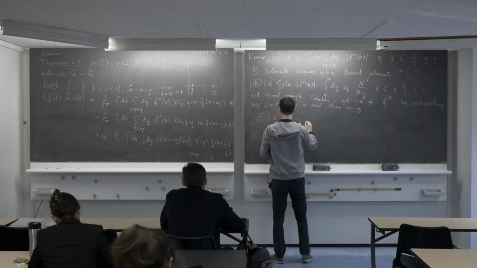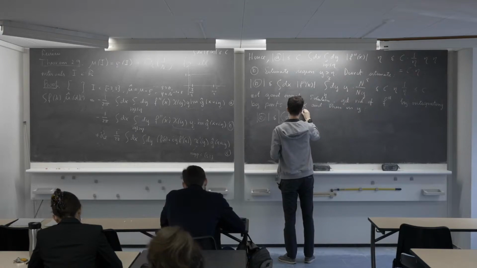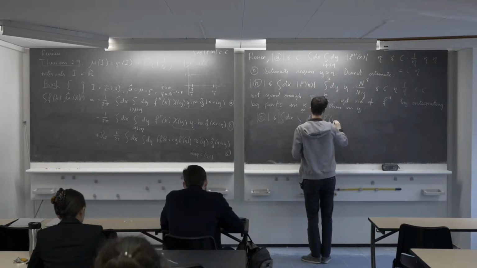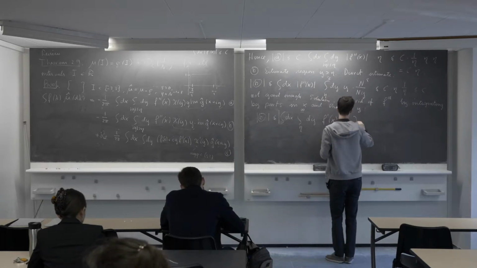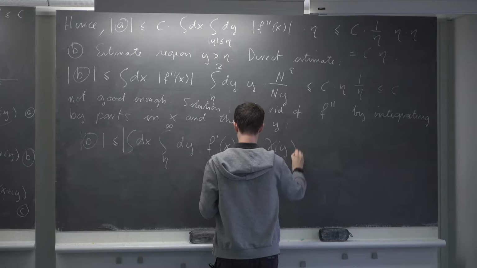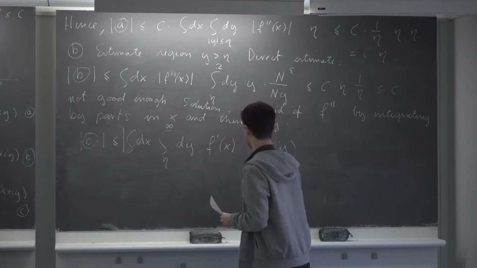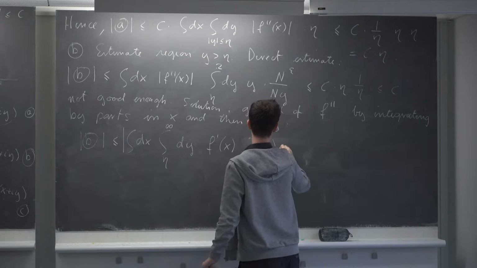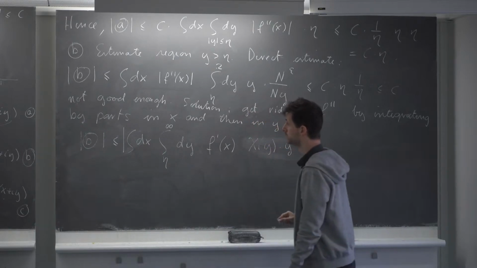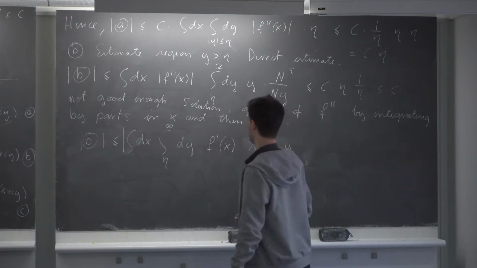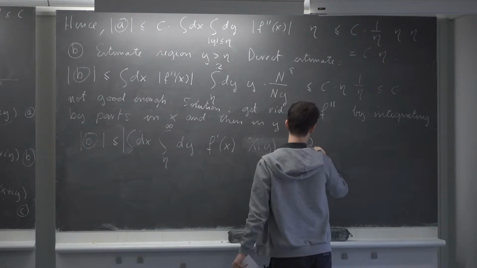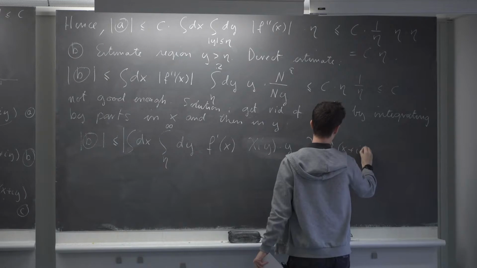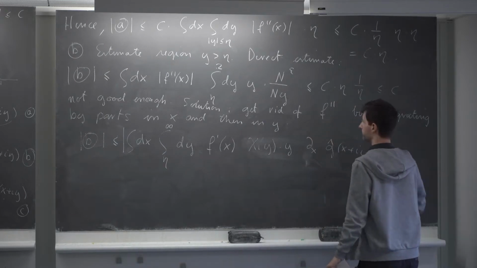So I have the integral over x, the integral over y, maybe I should write them in the same order, so chi of y times y. And now I have the derivative in x of g hat of x plus iy.